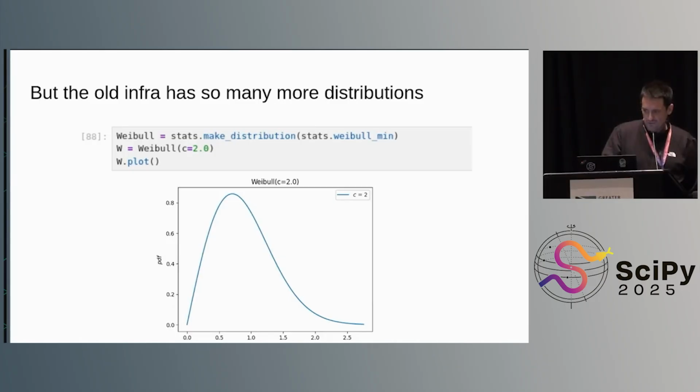So the Weibull distribution here, you can create the class and then instantiate one. Here's the plot for it. It can do everything from the new distribution. So almost everything from the old infrastructure can already be used with the new infrastructure. So it's not something that's vaporware which can't be used yet except for a few distributions.